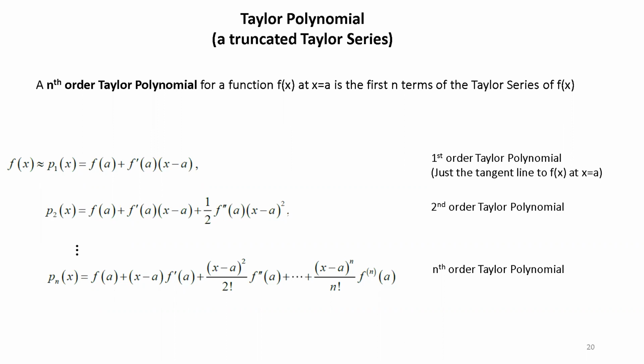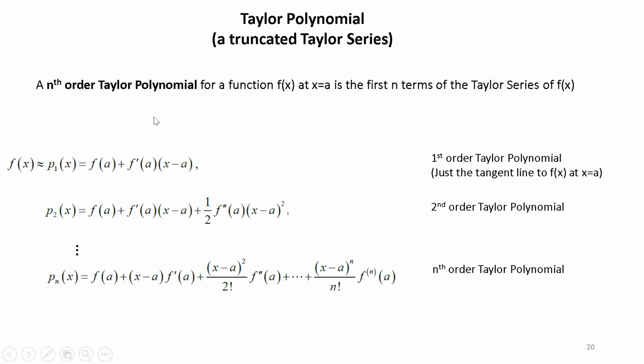You are only going to take the first few terms. That means you are going to do a so-called truncation: you just take the first few terms and ignore the higher order terms. Then what you have now is an nth order polynomial, instead of an infinite series.